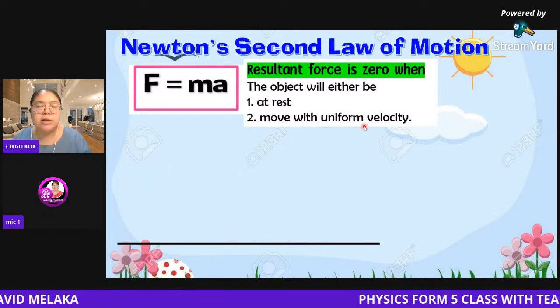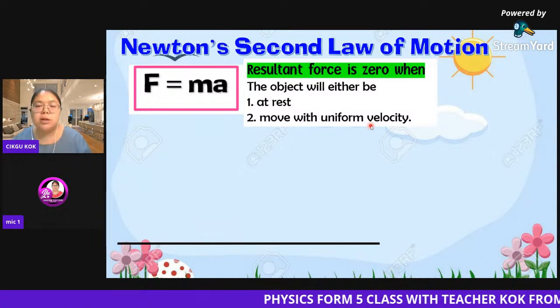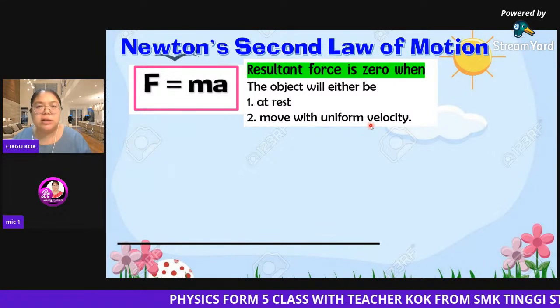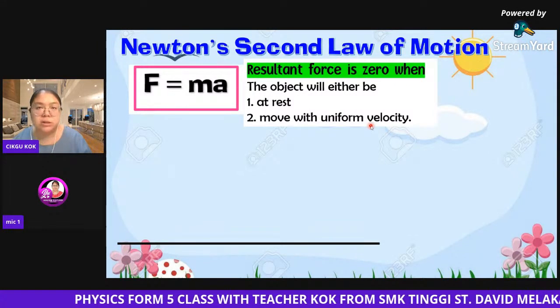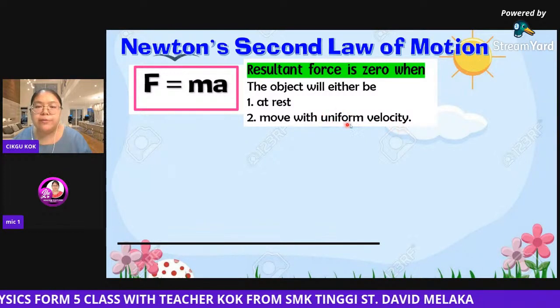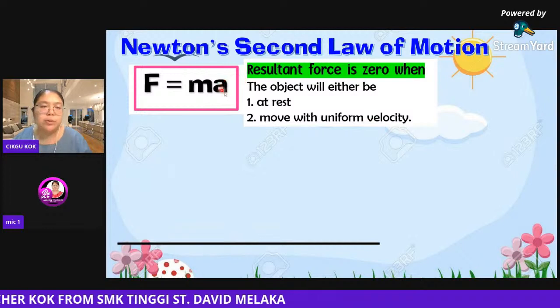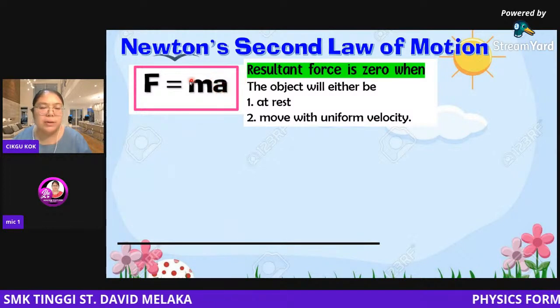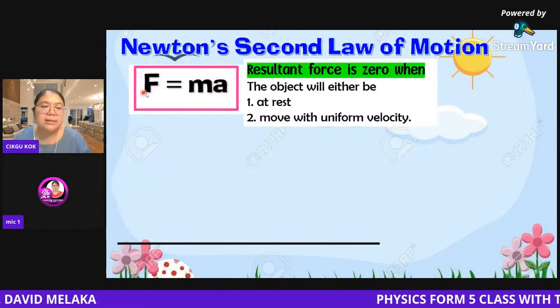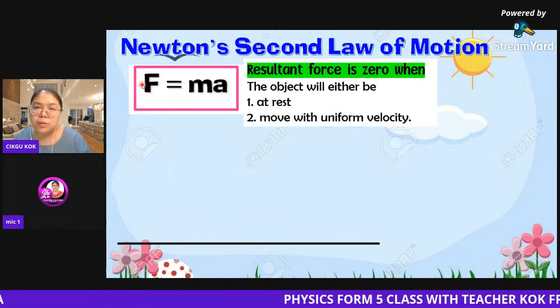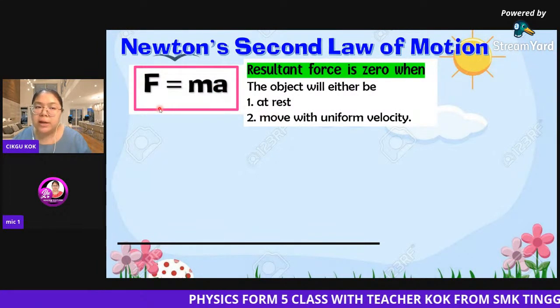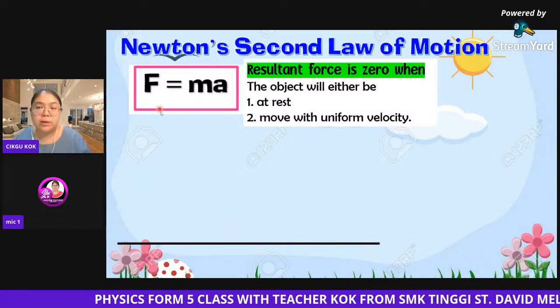When I mention uniform velocity, it means you understand the situation is resultant force equals zero. Because for uniform velocity, acceleration is zero, is it? So when I put acceleration as zero, that means there is nothing, so I can say resultant force is zero also. So we base on this formula for the resultant force.